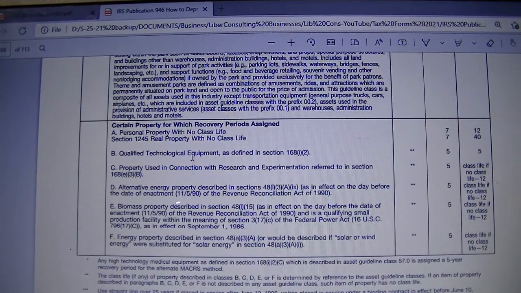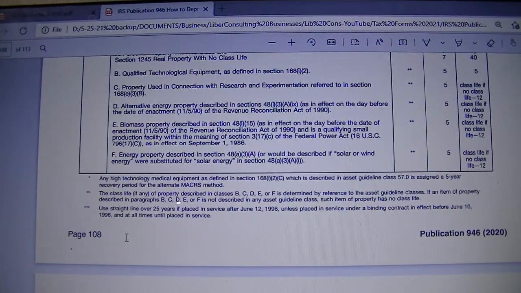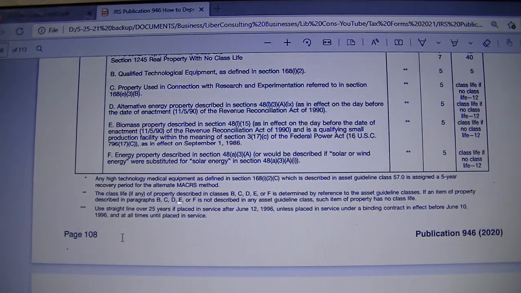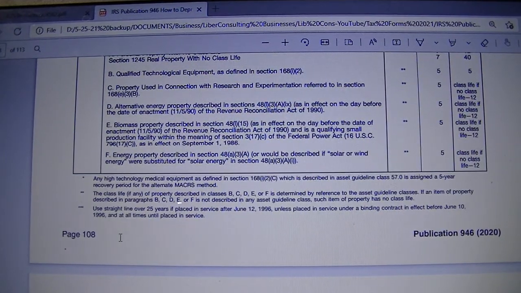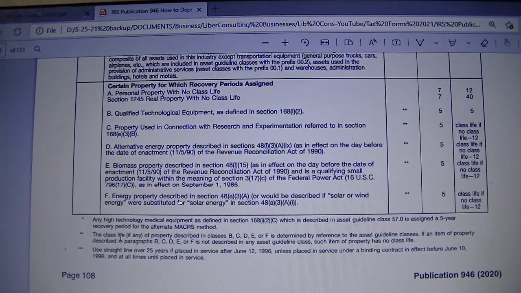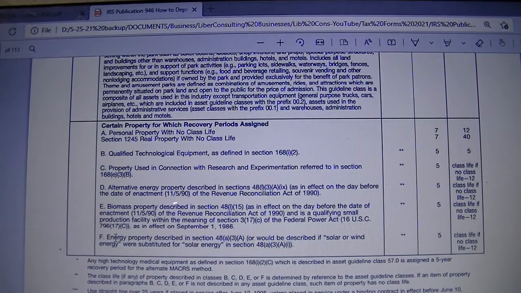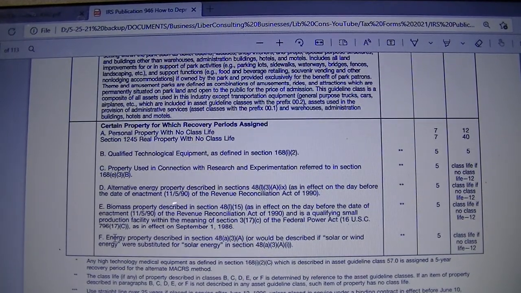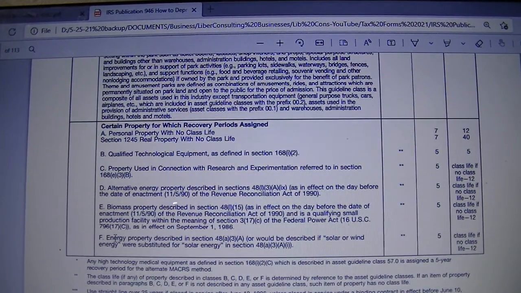So if the business activity is not listed and you didn't find your asset and you didn't find your business, then you can read through the bottom to see what you will use in that instance. But they have a lot of business activities listed that you will be able to find.